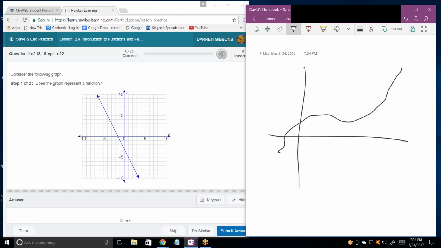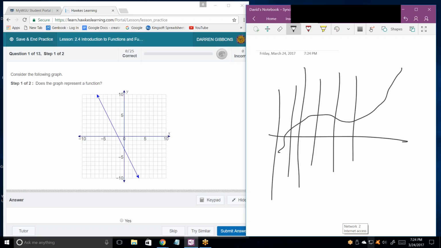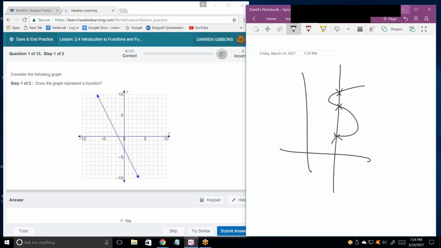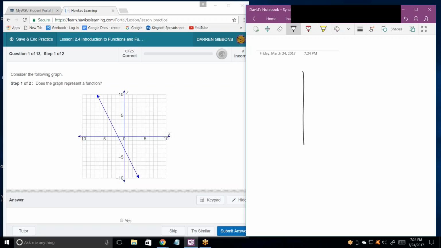If I had a function like that, that passes the vertical line test because no matter where I draw a vertical line, I only get one value of y. Whereas if I had this, that's not a function. If I draw a vertical line through that, I get that value of y, that value of y, and that value of y. Notice that a vertical line is not a function.